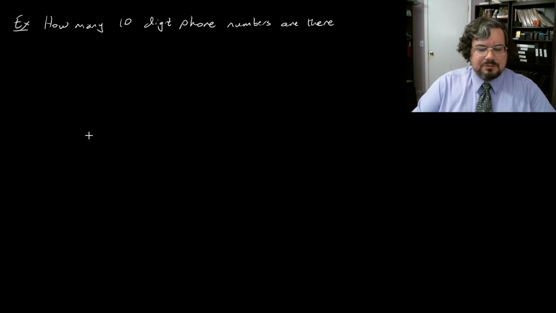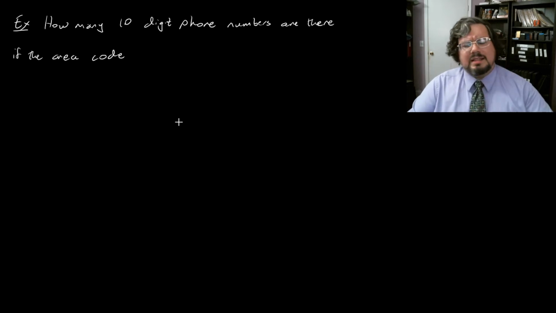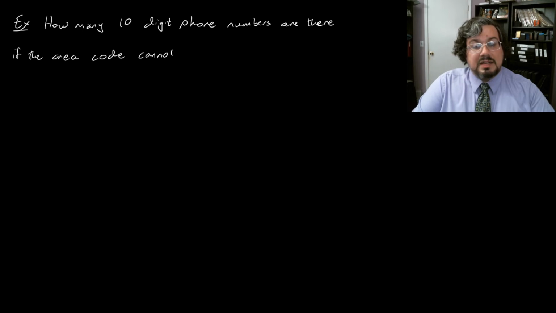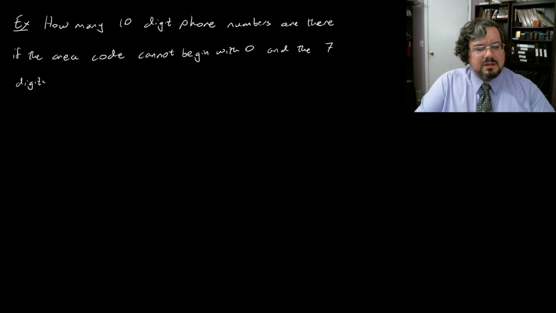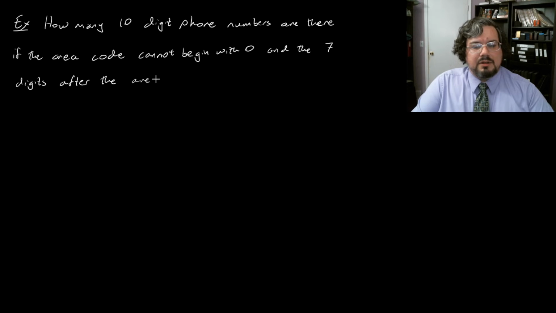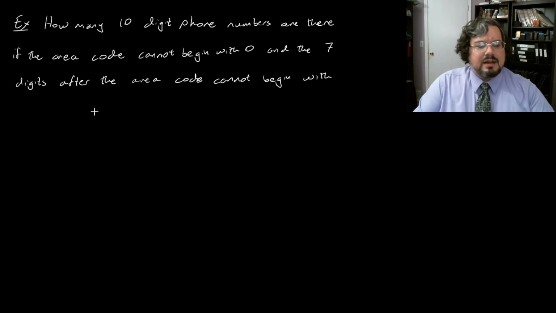So let's ask, how many 10-digit phone numbers are there if the area code, which is the first 3 digits, we'll write that out in a second, cannot begin with 0, and the 7 digits after the area code cannot begin with 0, 1, or 9.